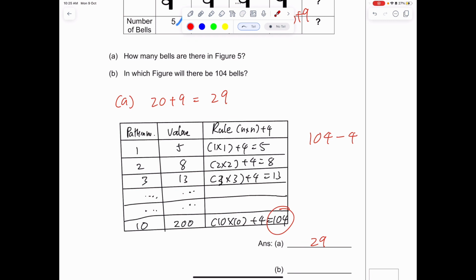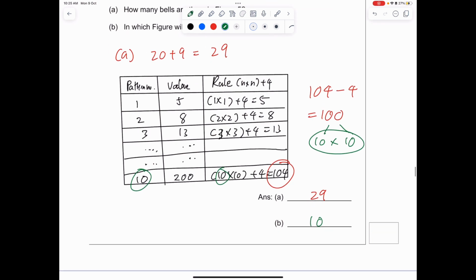So because of that, I will know that this is 100. How do I get 100? Which number, when multiplied, will get me 100? 10 times 10. So therefore, I know that it is 10.